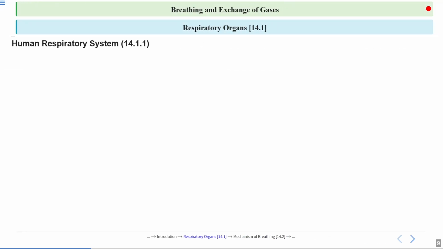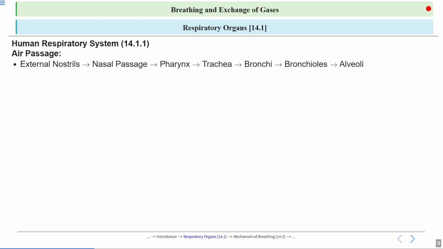All right. Now let's talk about the human respiratory system. What is the air passage? What is the direction of air passage, and what organs are involved? So see, air enters through the external nostrils, then it reaches the nasal chamber.